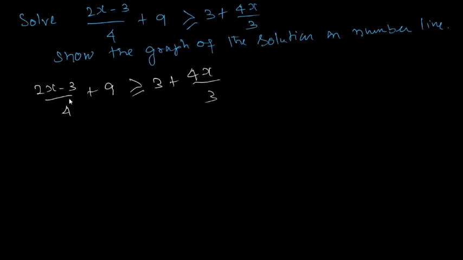Now you have 4x by 3 on the right side, and you have to bring this to the left hand side. So you have to subtract that, so that you can take the LCM comfortably. So you subtract 4x by 3 on both sides.